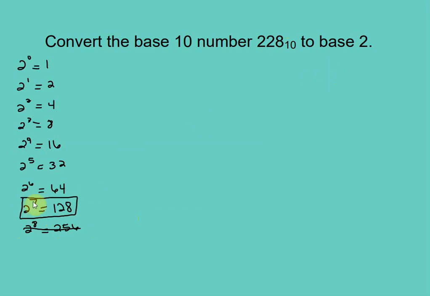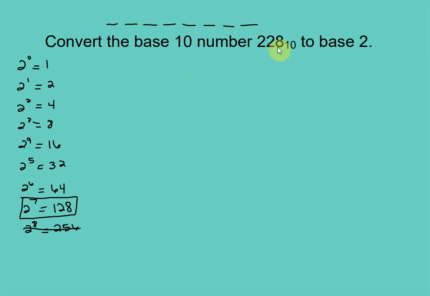So, like I said before, whatever power we're going to be dividing by, we need to add 1 to that power, and that will give us the number of digits in our answer. So since this is 2 to the 7th power, we know there are going to be 8 digits in our answer. 1, 2, 3, 4, 5, 6, 7, 8.